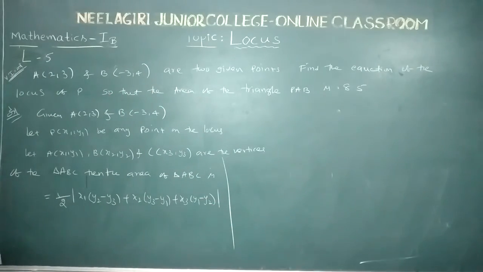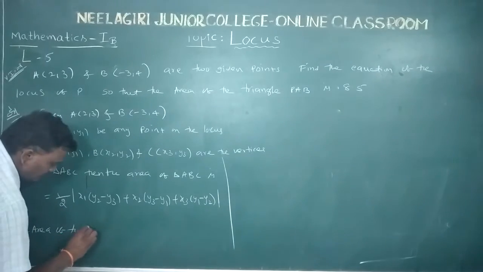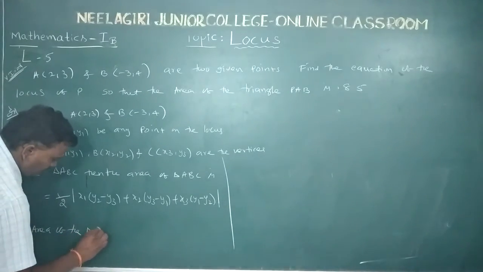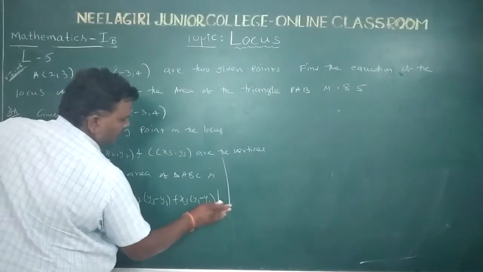Here, the area of the triangle PAB is equal to, what is the formula?